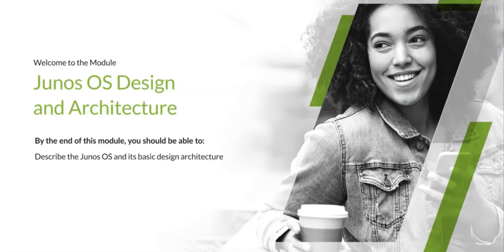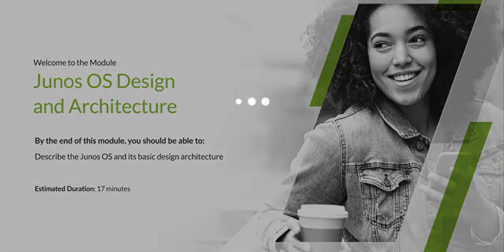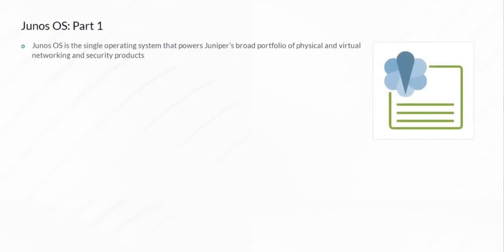In this module, you should be able to describe the Junos OS and its basic design architecture. Junos OS is a trusted and secure network operating system. Junos OS powers the high-performance network devices offered by Juniper Networks, such as routers, switches, and firewalls.